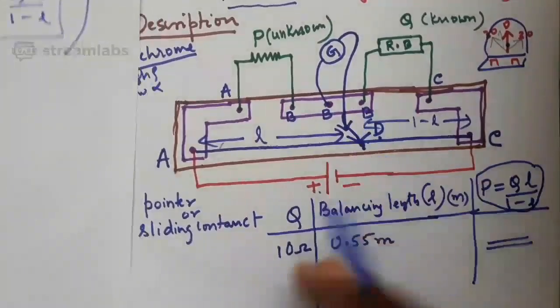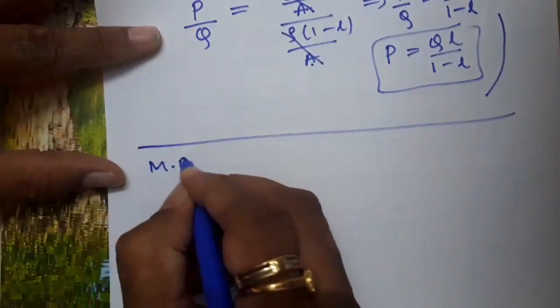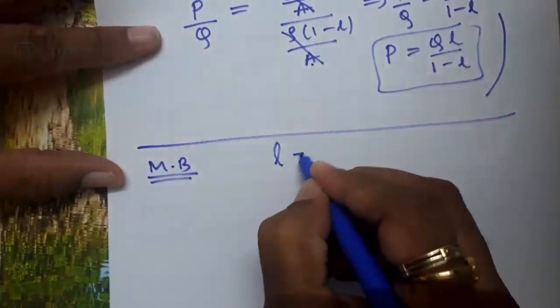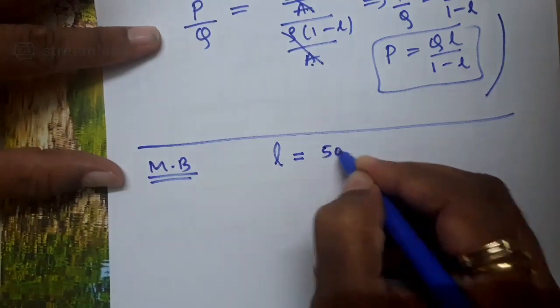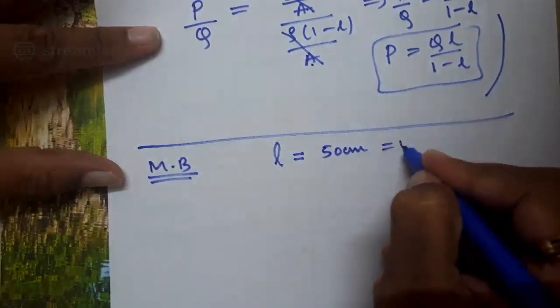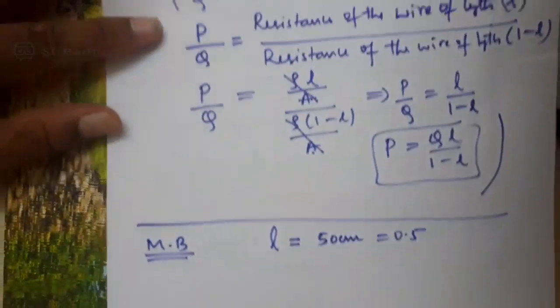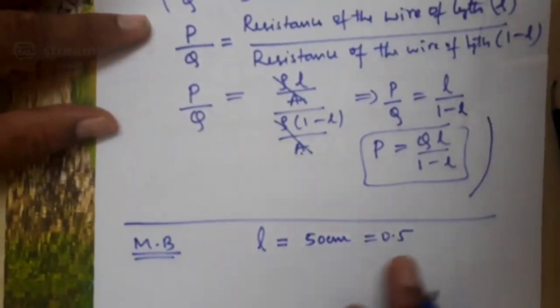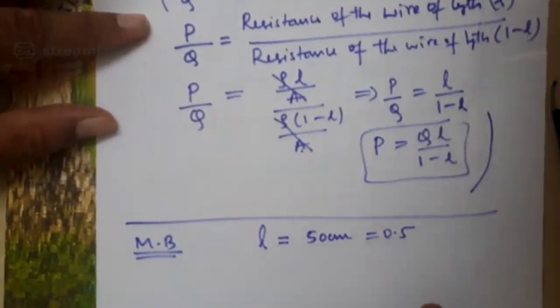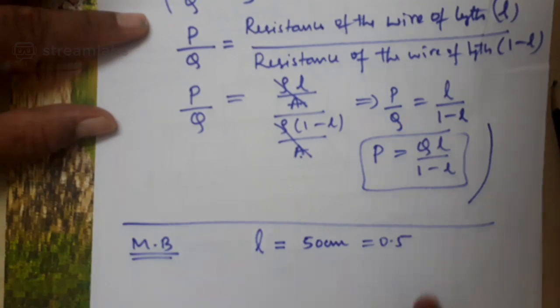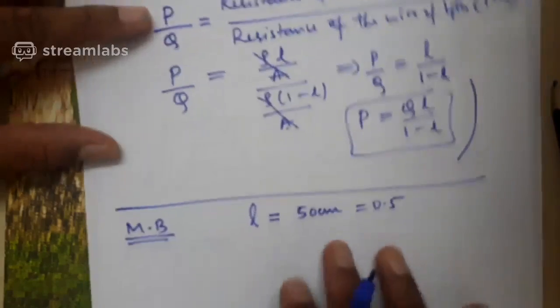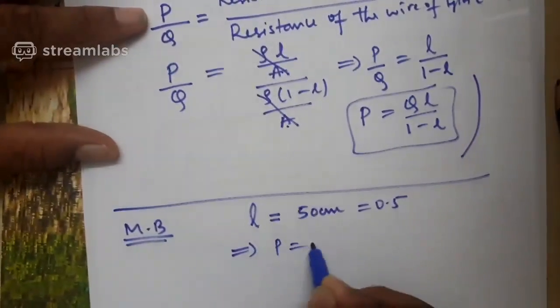What if in your meter bridge, I get the balancing length exactly at the midpoint? Exactly at the midpoint means 50 centimeter. That is 0.5 meter. If L is 0.5 meter, what is 1 minus L? 0.5 meter only, no? L is 0.5 and 1 minus L is also 0.5, which implies, don't you think that P is equal to Q at that time?